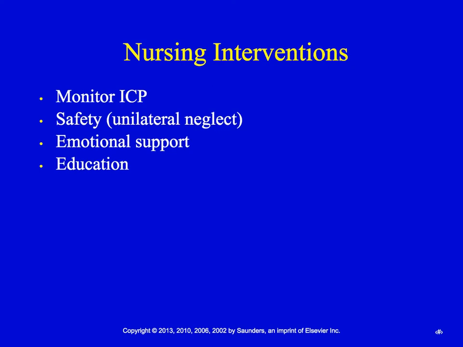So we need to get them the resources that they need and the education. Education as far as how to continue to become functional in society. What kind of tools can we give them? That's what you need to ask yourself. Who can we refer them to in order to get them what they need?